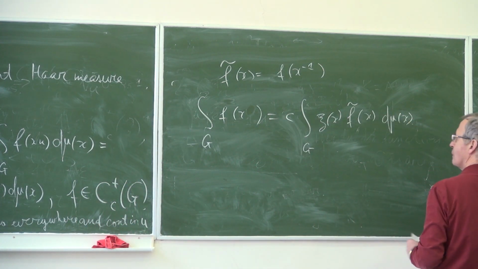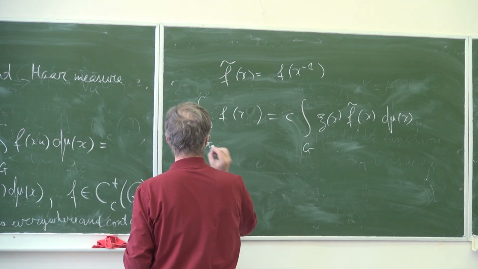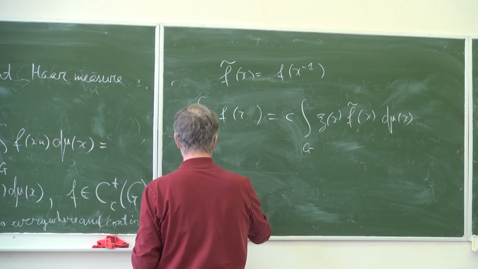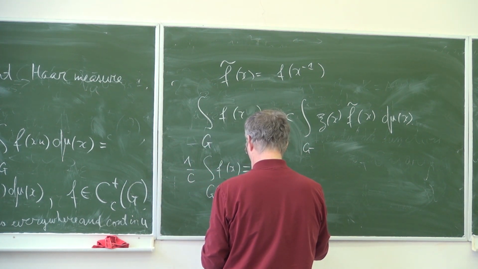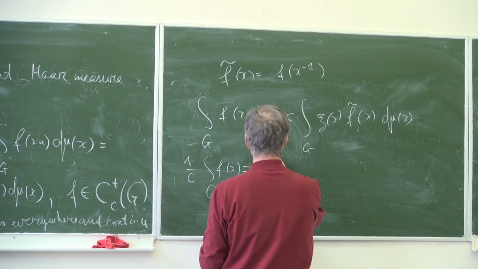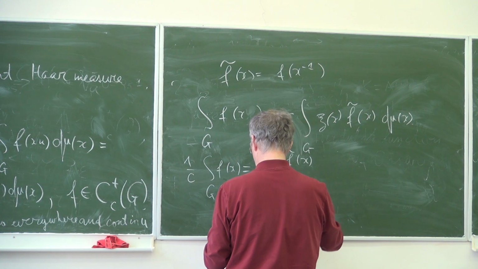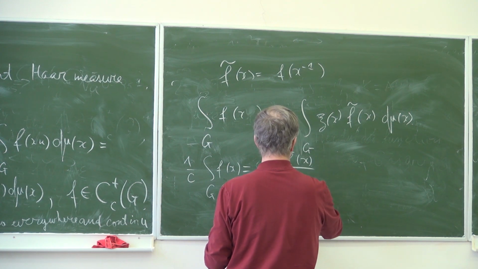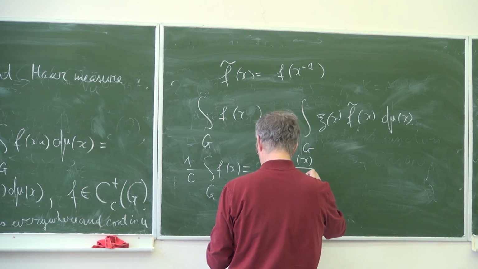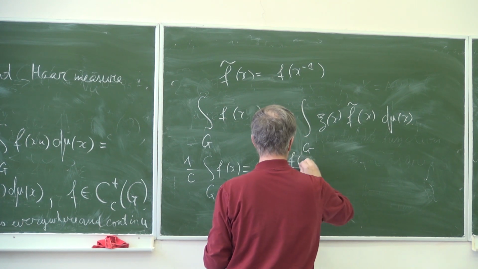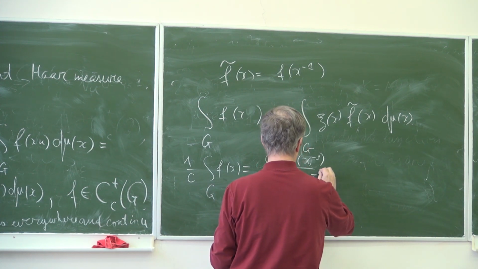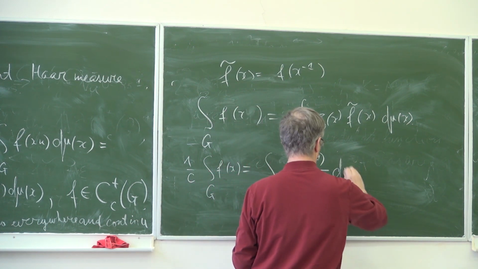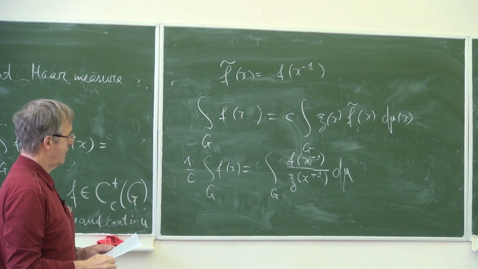So we have the following: 1 over c, the integral over G of f of x is equal to the integral over G of f tilde of x, and let me here write what f tilde is, f to the power minus 1, and here, to retain this minus 1, I write xi in the denominator. So this is an identity transformation.